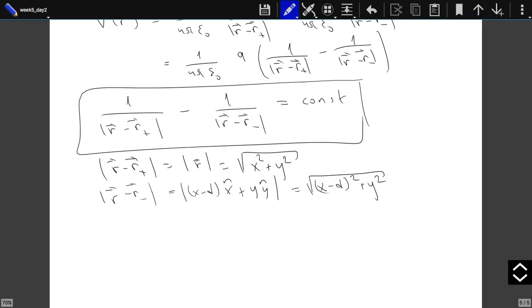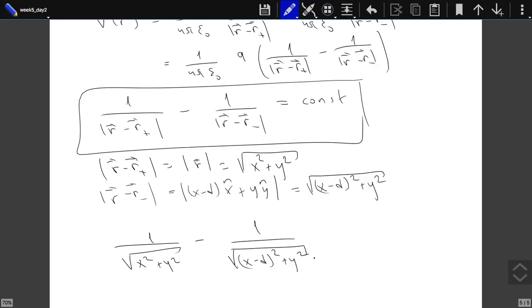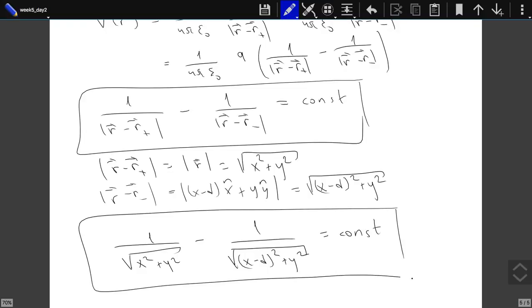So the equation we have is 1 over the square root of x squared plus y squared minus 1 over the square root of (x minus d) squared plus y squared. This should be equal to some constant. So what is the shape? My claim is that it will be a sphere in 3 dimensions when rotated. On the xy plane, it will be just a circle. That is my claim.